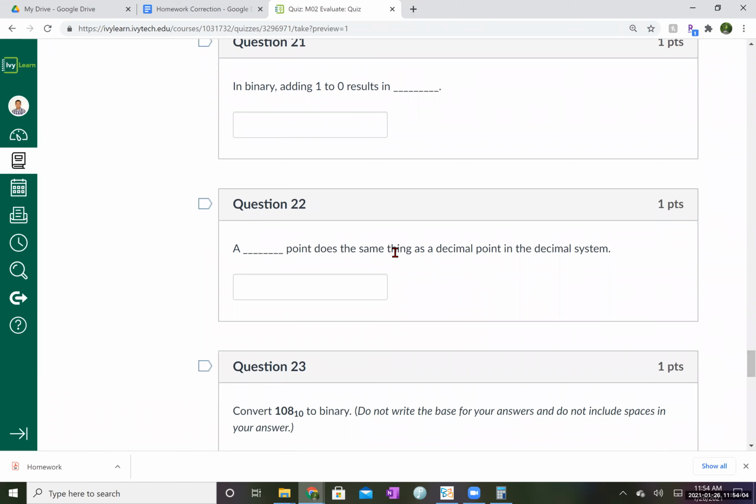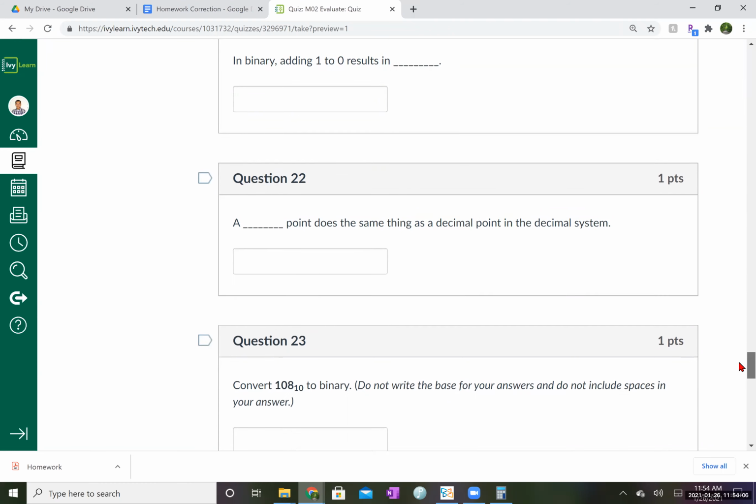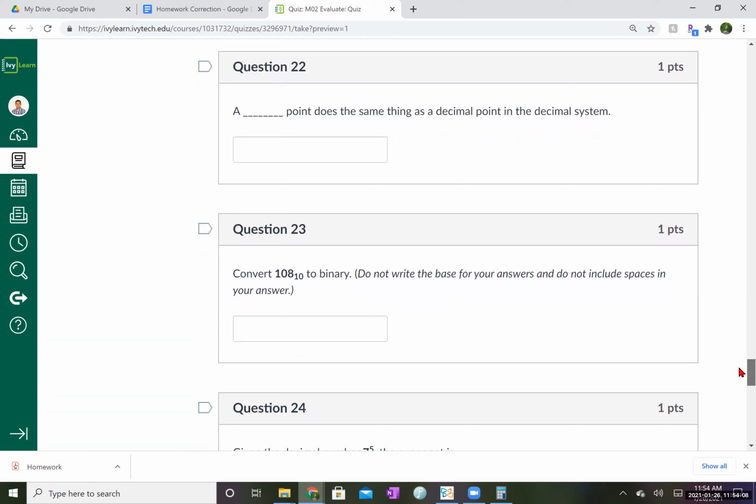The binary point, right? The binary point. This one is very simple.